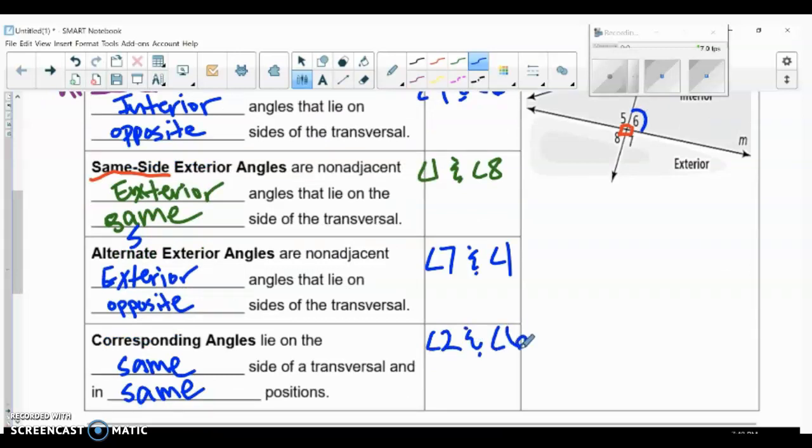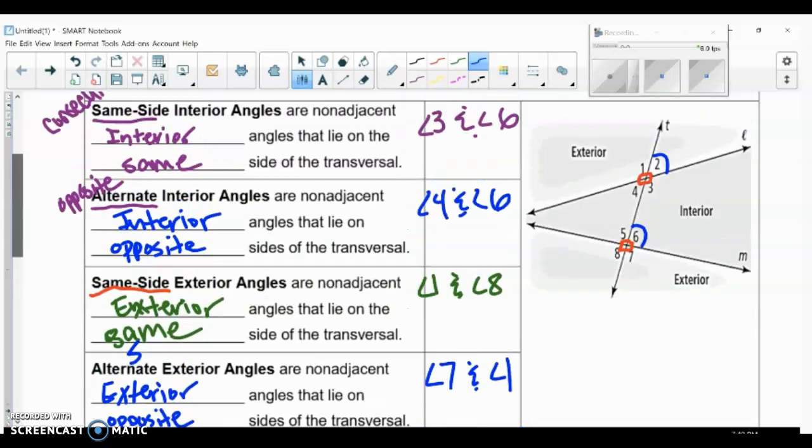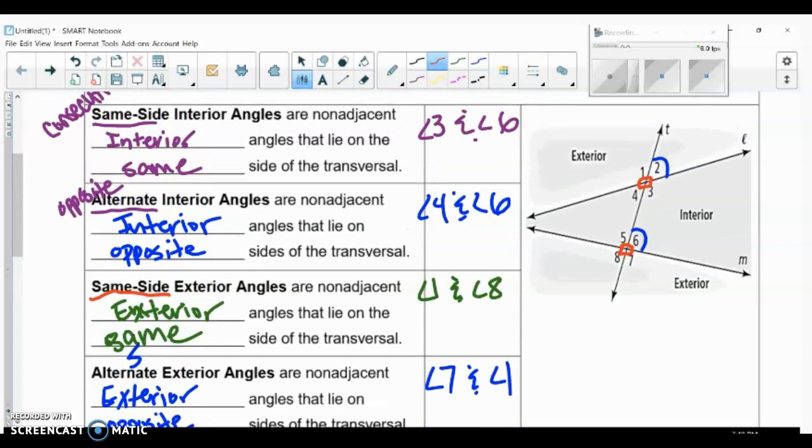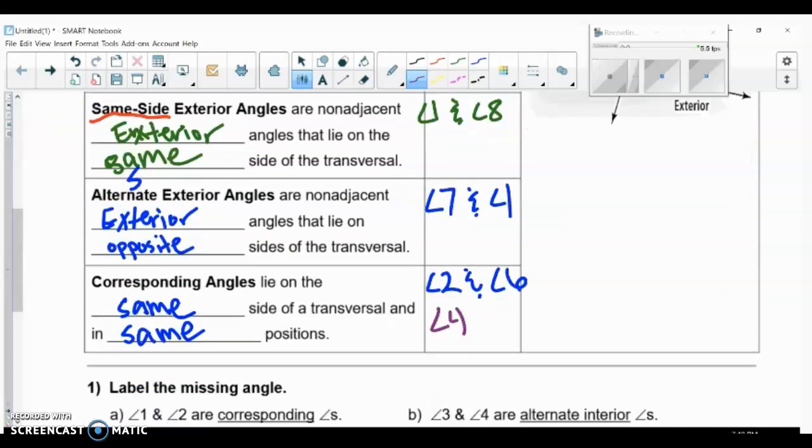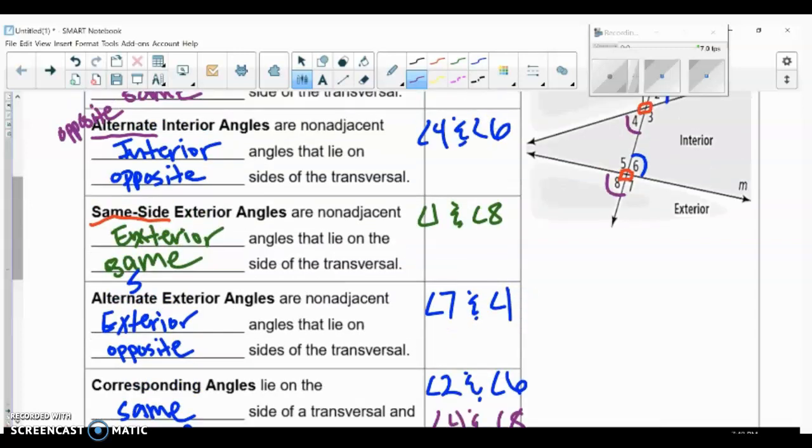Angle 2 and angle 6. But you could use any of the pairs that I just mentioned. So 4 goes with, let's see, 8. Perfect. 4 and 8, just to give you a second example.